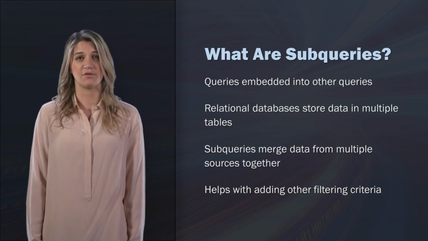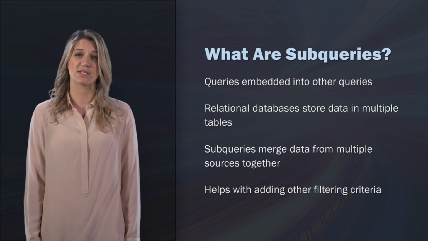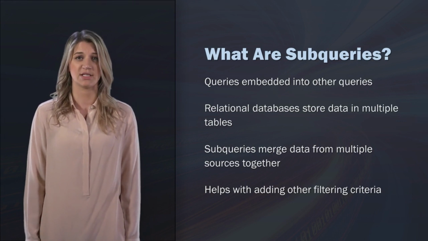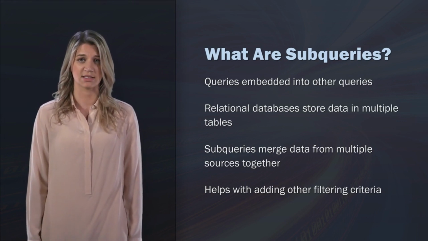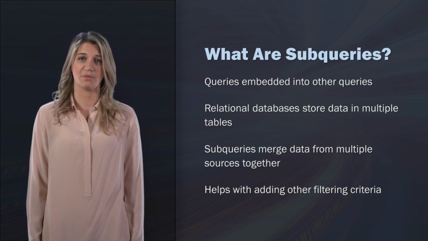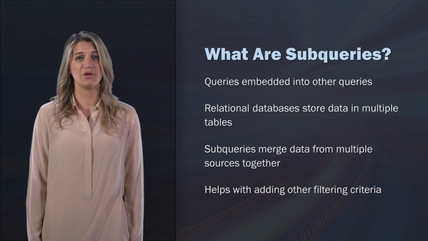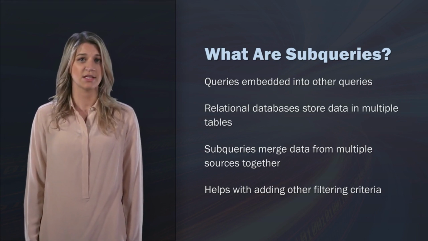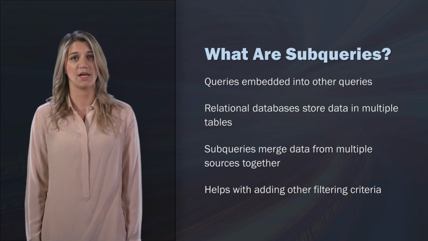Data scientists often use subqueries to select specific records or columns and then use that as filtering criteria for the next thing they want to select. Not only are subqueries helpful when it comes to getting information from multiple tables, but they're often used for adding additional criteria, like filtering criteria that's not in your current table, from another table into your query.